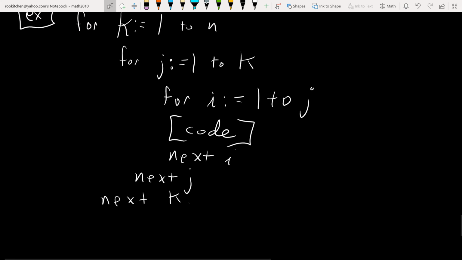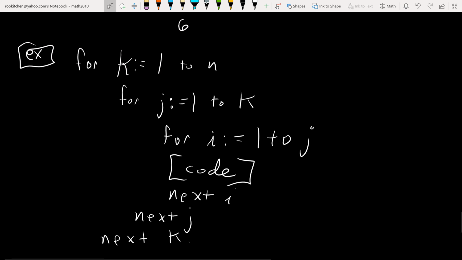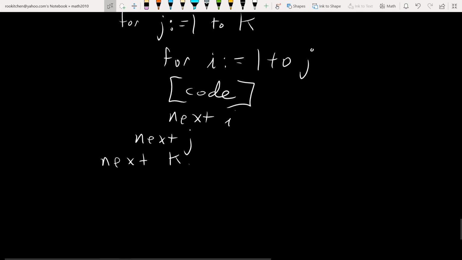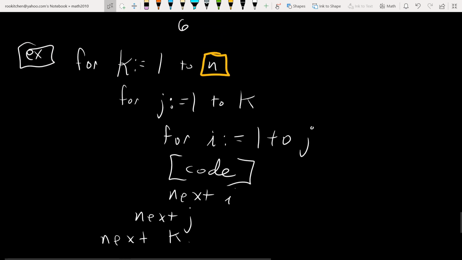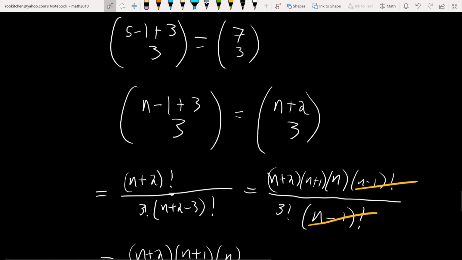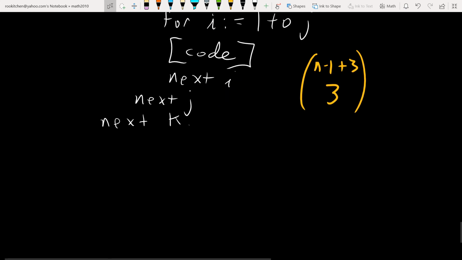And the number of boxes you're putting the x's in will just be the upper index on that first loop, this n part. So in our case, knowing nothing else, the expression should be n minus 1 plus 3, choose 3. Which is exactly what we got the last time. So that's just going to be in its final form.